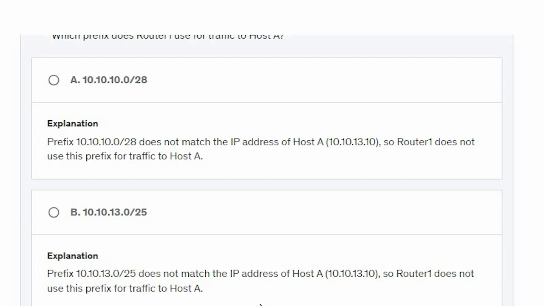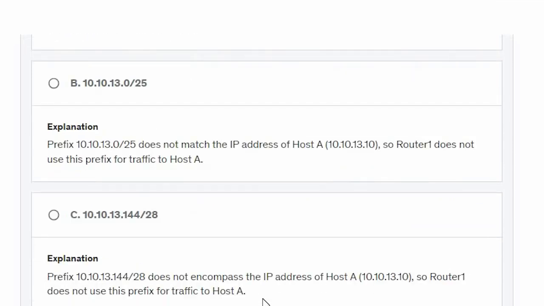The prefix 10.10.10.0/28 does not match the IP address of host A, 10.10.13.10, so router 1 does not use this prefix for traffic to host A. It is a wrong answer.